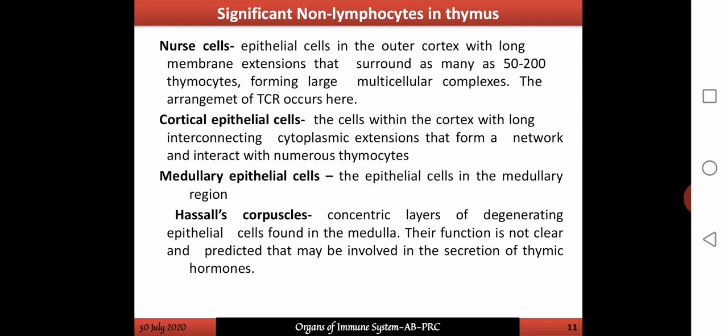The secretion of hormones and other secretory elements like interleukins will be provided by this kind of collection of cells, right? So Hassall's corpuscles are degenerating concentric layers of epithelial cells found in the medulla. They are not associated directly with any functions of the lymphocytes, but it is believed that they may have a role in the secretion of thymic hormones.